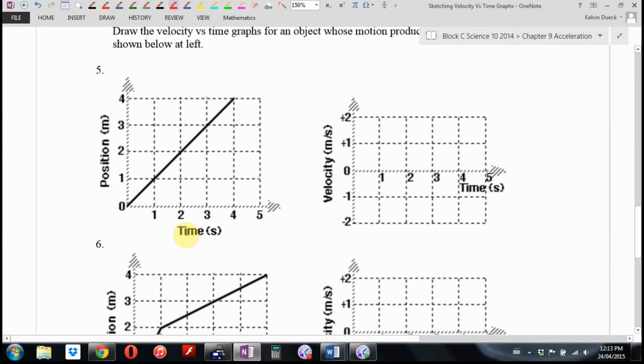For position versus time, slope tells us velocity. Can you go rise over run? This one's actually really nice because what's the rise? 4. What's the run? 4. 4 over 4 is? I would look for a graph exactly like that. And I would be fussy on your height because I gave you numbers.